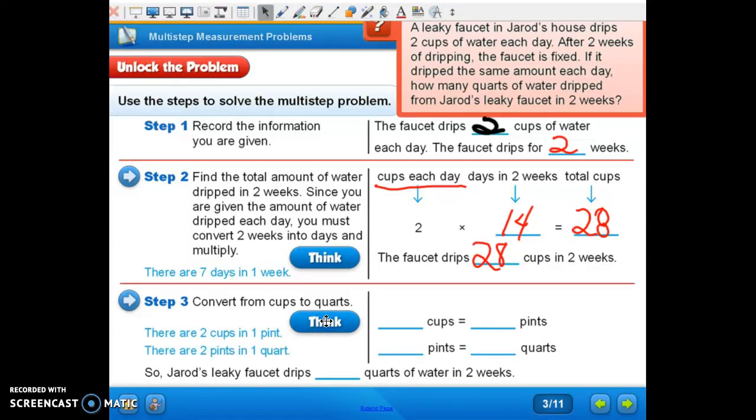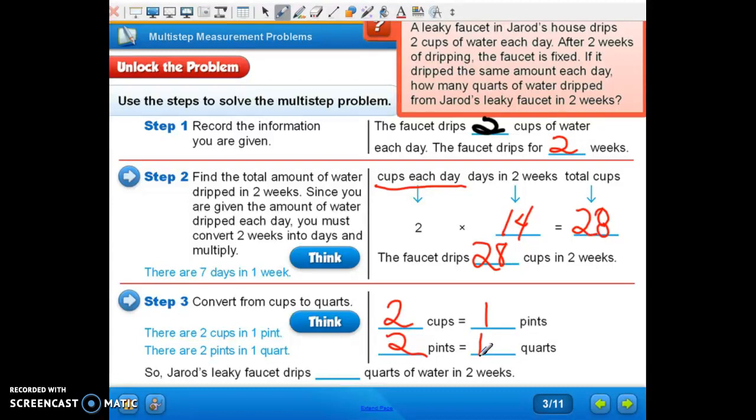Think. There are 2 cups in 1 pint. And how many pints in 1 quart? 2 pints in 1 quart. So Jared's leaky faucet drips blank quarts of water.